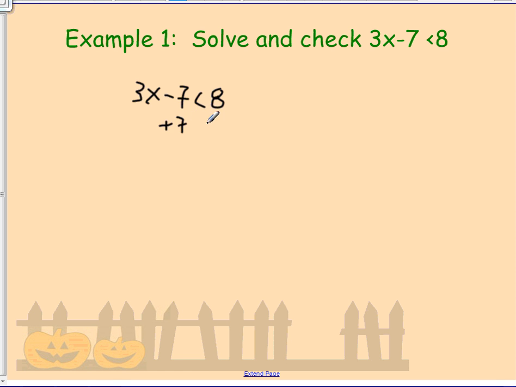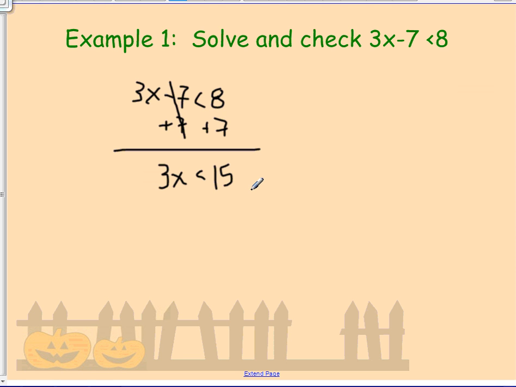So the inverse of minus 7 is to add 7. We add 7 to both sides, so we're going to have 3x is less than, and 8 plus 7 is 15.